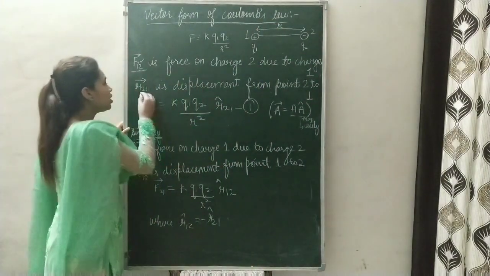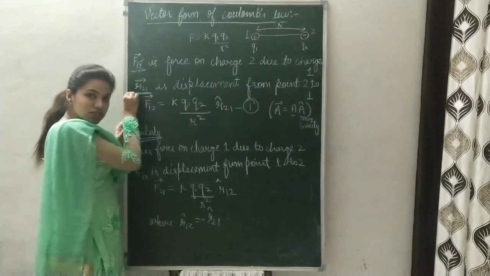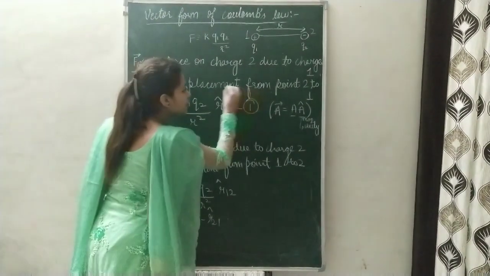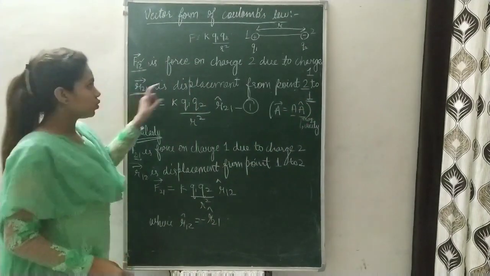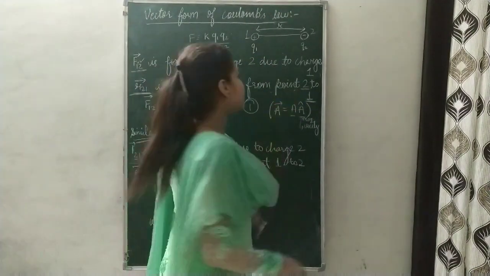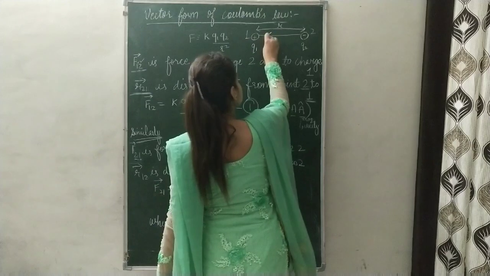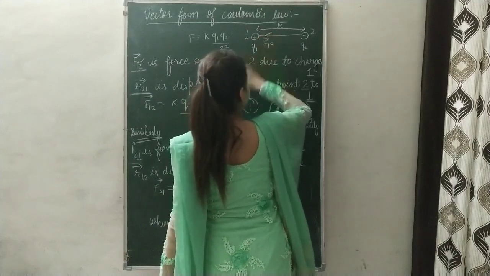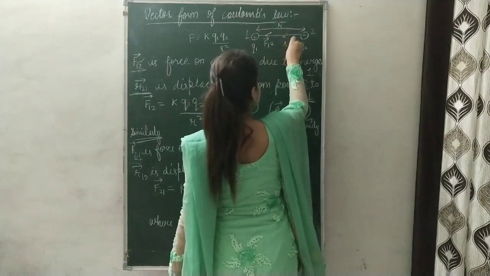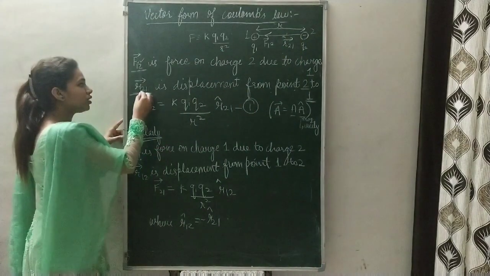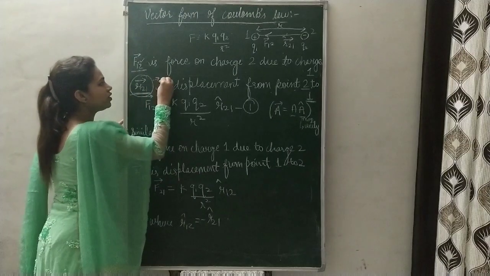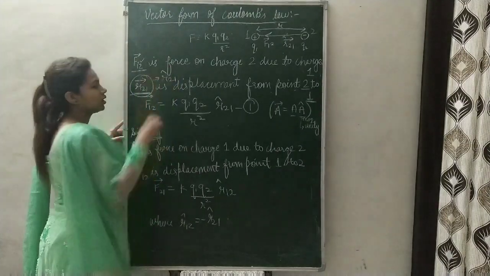So the displacement is R21, the displacement from point 2 to point 1. So the force F12 is in this direction, and the displacement R21 is also in this direction. If you want only the direction, then we write R21 cap.